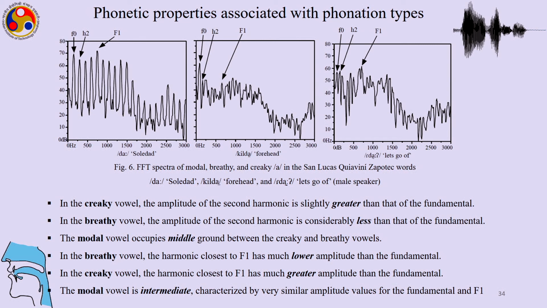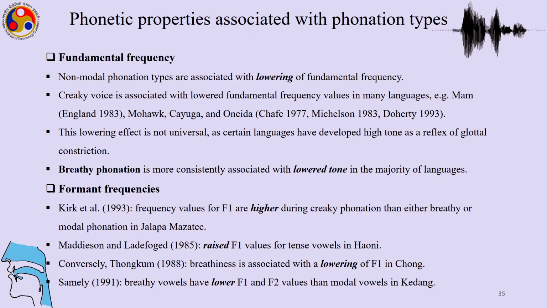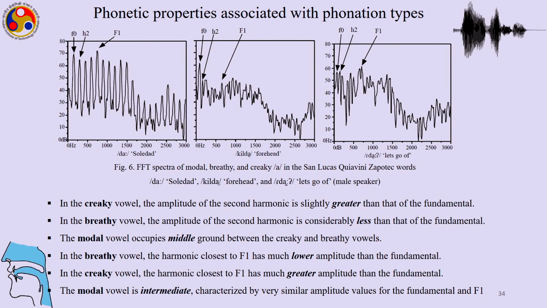Whereas you see quite a bit of difference between the fundamental and F1 for the breathy one, and in the creaky one, the F1 is higher than the fundamental. In the breathy vowel, we see that the F1 is lower than the fundamental, whereas in the modal voicing, we see F1 and fundamental are pretty close to each other.